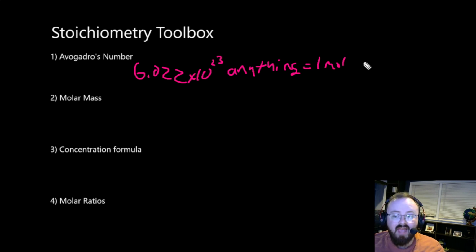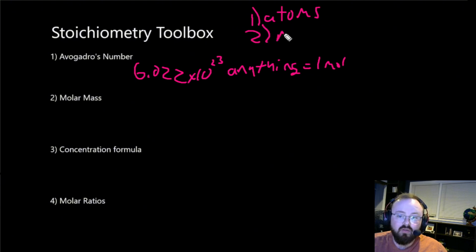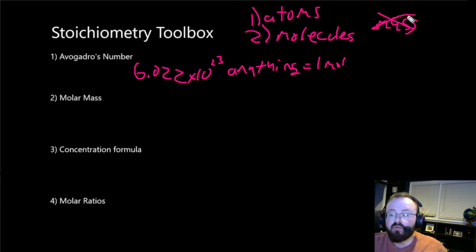And we don't end up using this very often. But when do I use this? I use this when I'm asking for how many atoms there are, or how many molecules there are. Anytime that we are dealing with a mass and a weight, we don't use Avogadro's number.